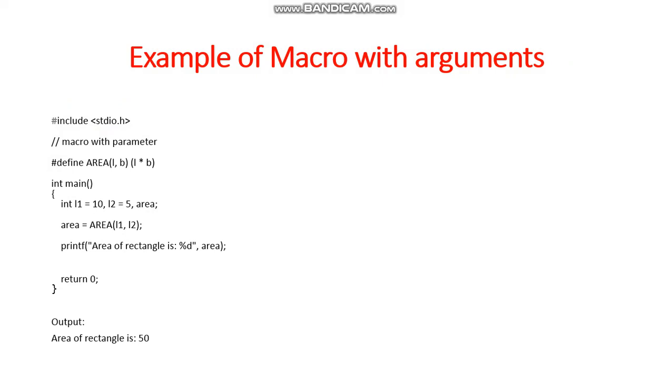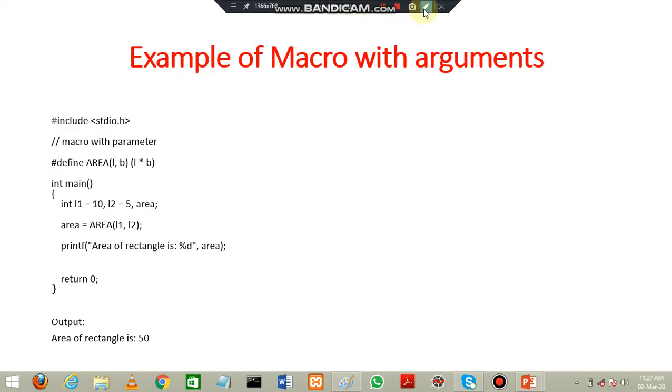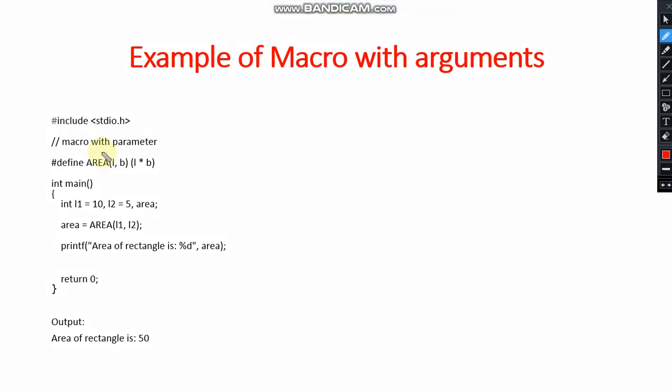Here is the example. This program also starts with #include <stdio.h>. We shall come to know it a short while from now. Then I have used the comment macro with parameter, only to make it clear that we are going to use macros with arguments.